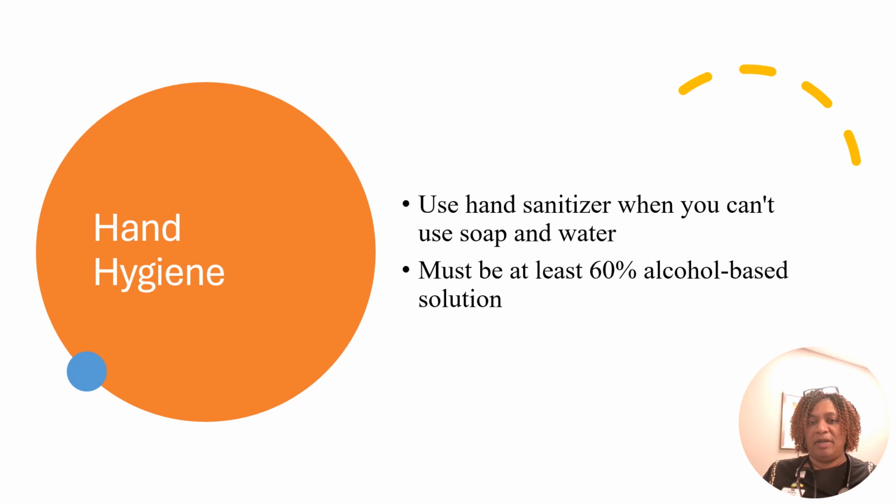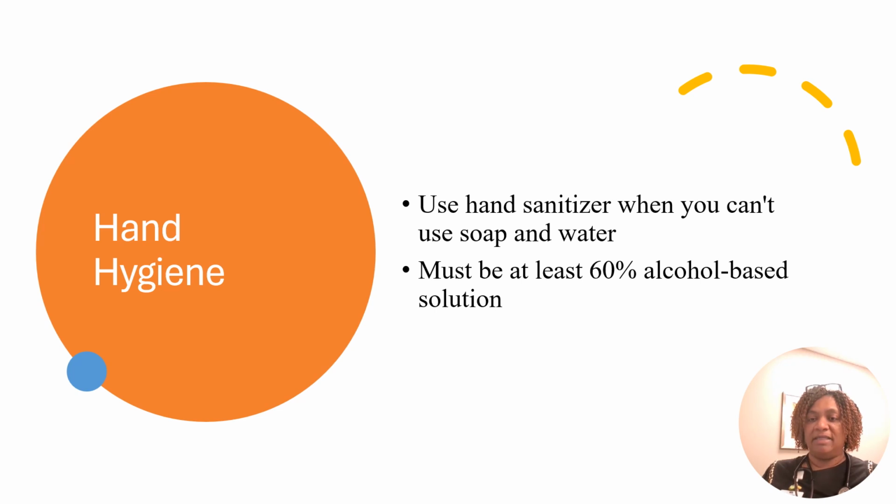The CDC also recommends that hand hygiene include hand sanitizer, which should be a minimum of a 60% alcohol-based solution. Hand sanitizer can be used when soap is not readily available, or in all situations, if you do not choose to use soap and water.